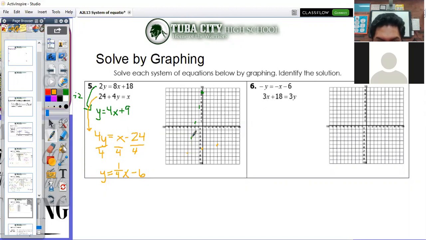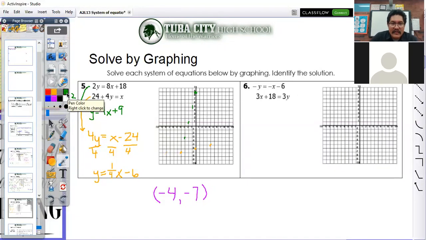And that looks like if I go back on the green line here, down 4, back 1, it looks like they're going to meet right there. So this is the solution point. So my solution point is -4, -7. So that's the solution point for that one.